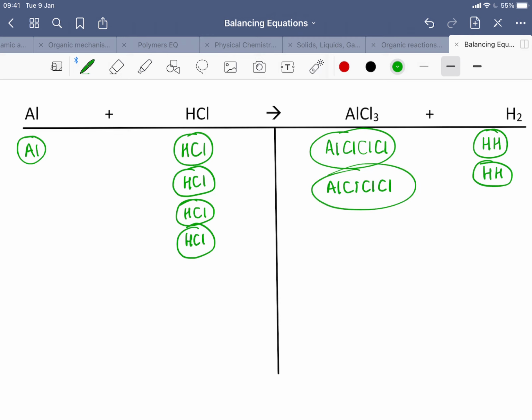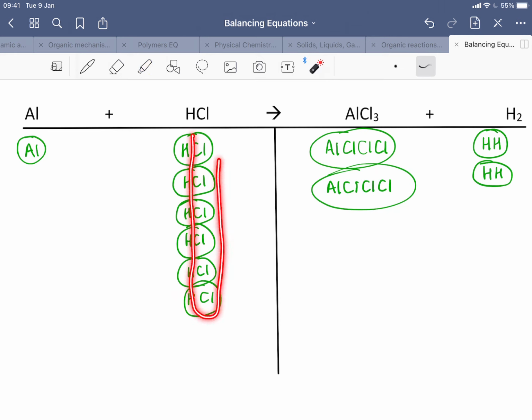Okay, there we go, there's our second bubble. Now what have I got? I've got 6 chlorines on the right. I've got 4 chlorines on the left. So I'm too short, so I'm going to draw 2 more bubbles to get those chlorines right. So I've got 6 chlorines on the left, 6 chlorines on the right.